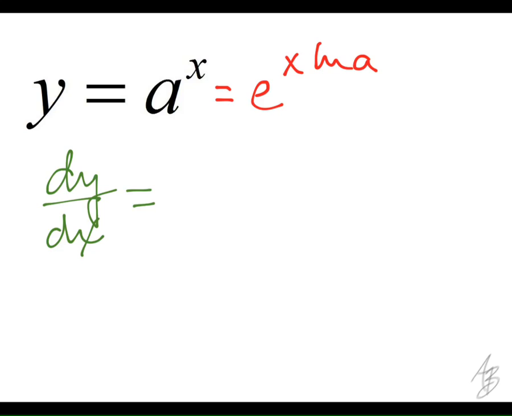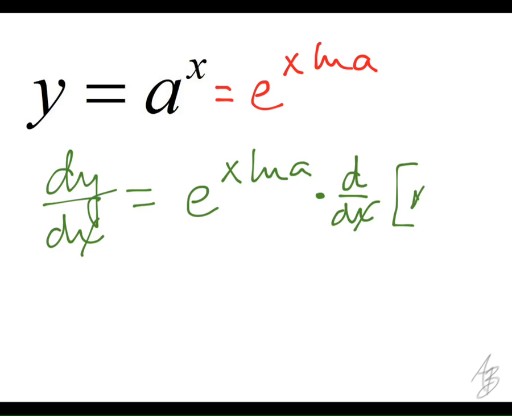Remember that the derivative of the exponential function with base e is itself, e to the x natural log of a, but then we also have to multiply that by the derivative of the exponent x natural log of a. That's using the chain rule here.